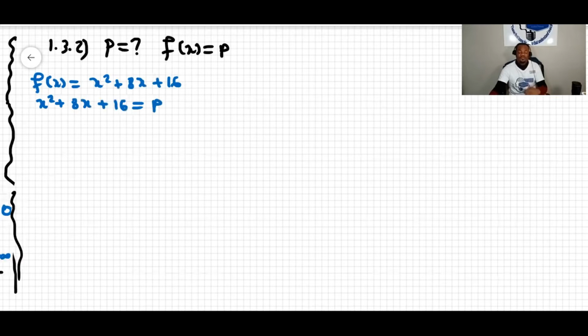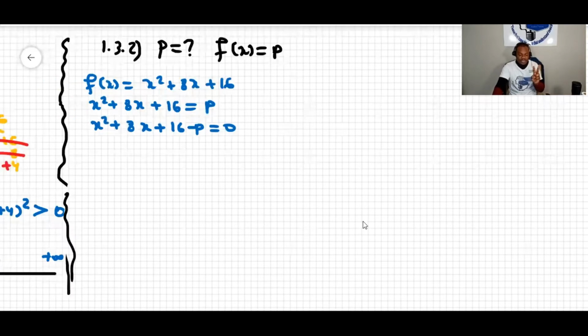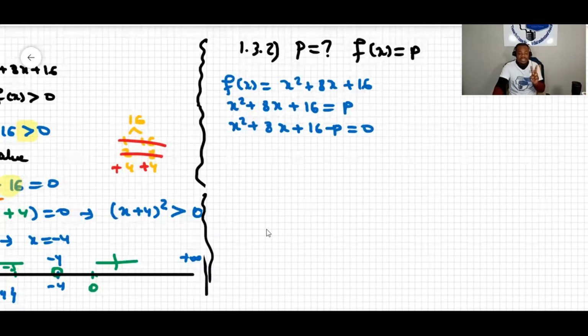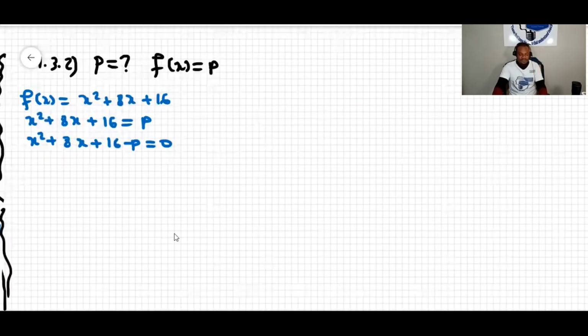And if you move the p over, this will be x squared plus 8x plus 16 minus p equal to 0. Now, we need to find the value of p such that the function generates two real roots. Remember in the previous video, we only had one negative real root, but we want two negative real roots, unequal.